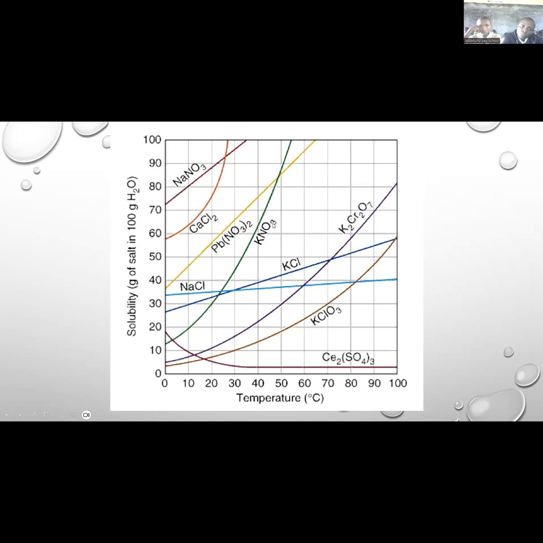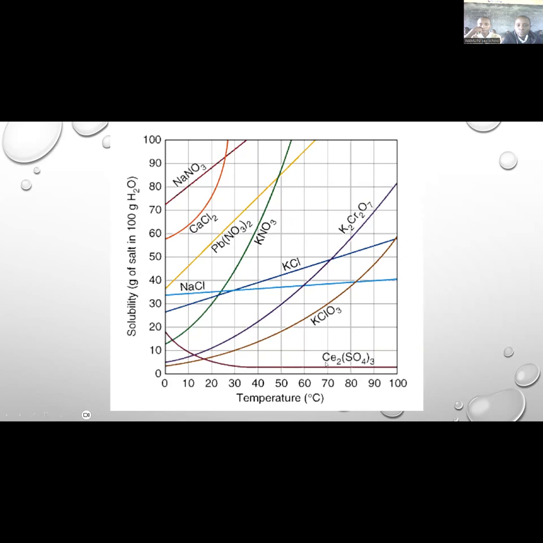potassium nitrate. Okay, here's proof of what we just calculated. Here's 50 degrees, and the solubility is up at about 80 something. There's potassium nitrate. We just calculated that, and I think we found it was 88.3, and it's about 88 or 89, something like that.